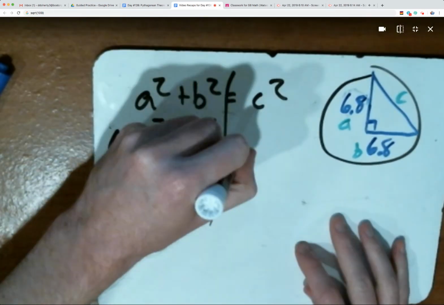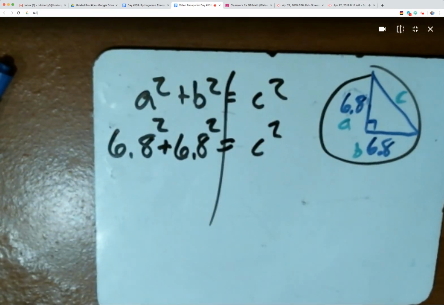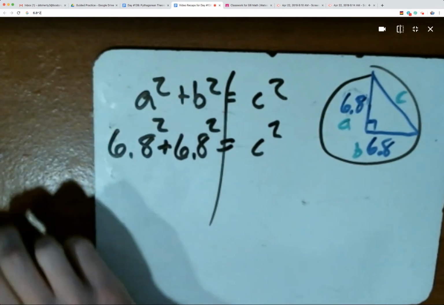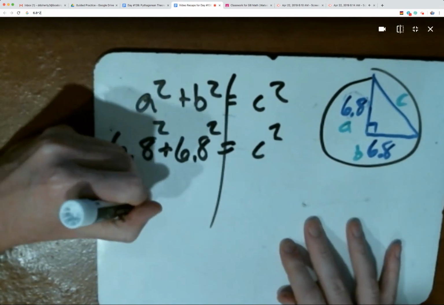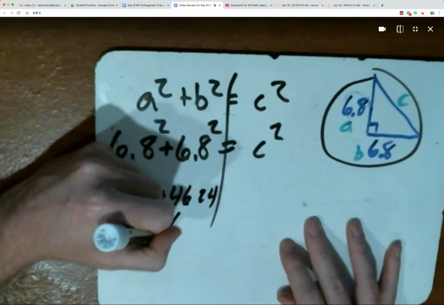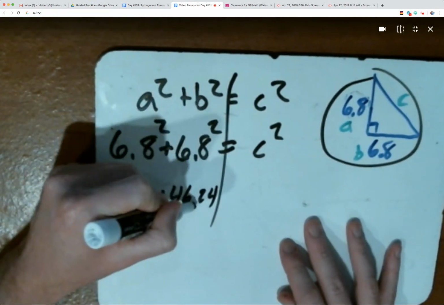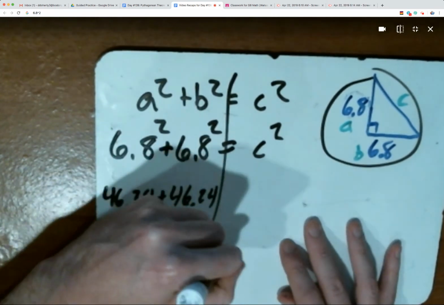Order of operations says square them first, so we'll show that pretty quickly. 6.8 squared, you'll definitely be allowed a calculator there. 6.8 squared is 46.24. And then we're going to add 46.24 with the other radius squared, 46.24, and that gets us to 92.48.